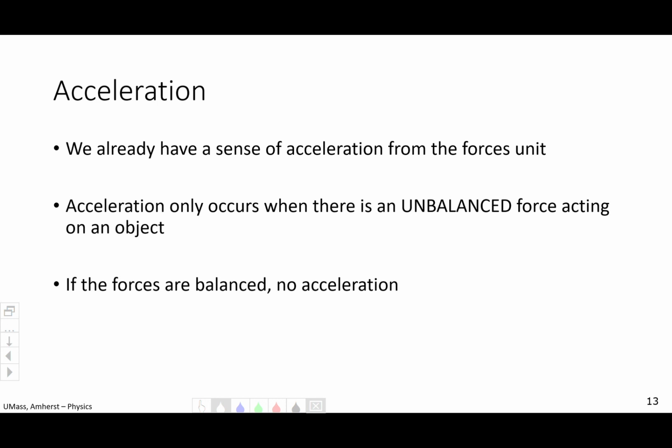So speeding up and slowing down, those are both accelerations, but also changing direction. That's an acceleration as well. What we need to know as well, if the forces are balanced, there is no acceleration. So if you have unbalanced forces, then you will cause a change in motion.